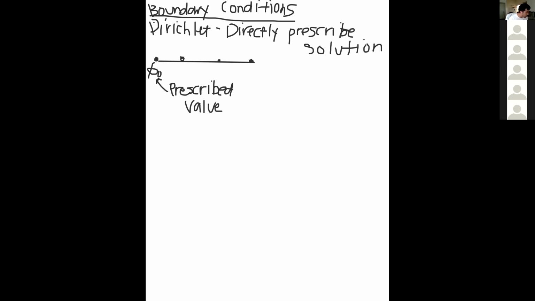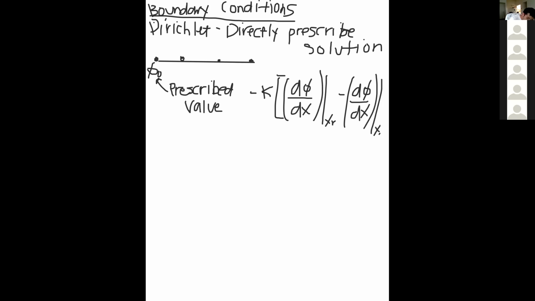So let's use that value. If we go back to where we performed the integration for our finite volume formula, we got the following case. We have minus k multiplied by d phi dx evaluated at xr minus d phi dx evaluated at xl, and this is all equal to qc times delta x.